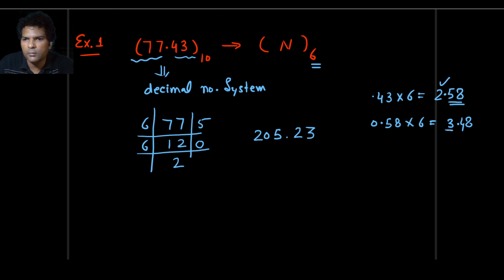And again, one more time multiply by 6, 48, and 24 plus 4 is 28, so 2.88. So this 2 you put here. This is the final conversion of the decimal number system to base 6.